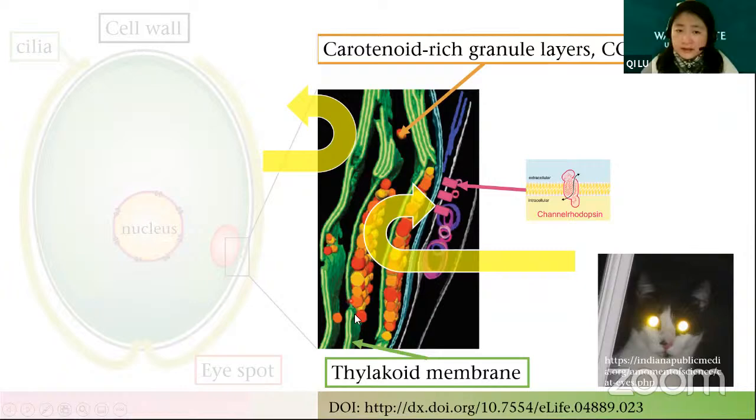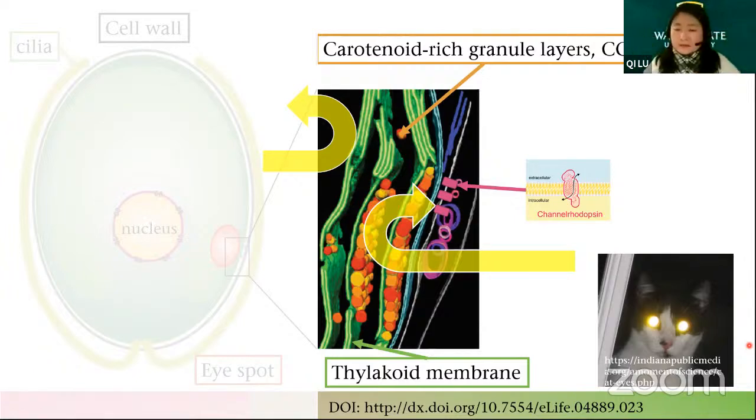Light can reflect from this surface, this plane. So this function is quite like some animals. In some animals, like a cow, a cat, a dog, there's a shiny membrane that sits behind the retina. So when the light shines onto this membrane, it reflects back.